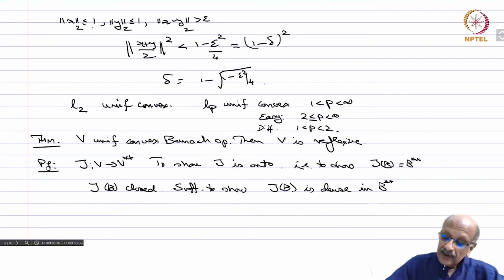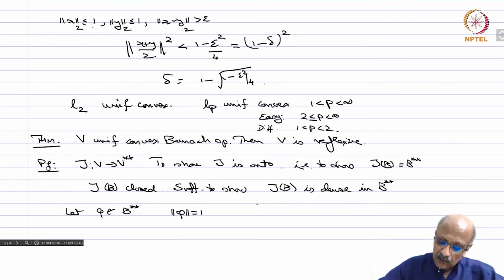We want to show that given any continuous linear functional on the dual space, namely a member of B double star, you can always approximate it by something from JB as closely as you like. So let phi belong to B double star, and we assume that norm phi equals 1.